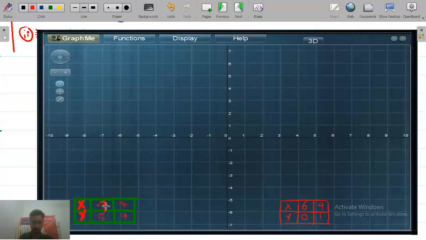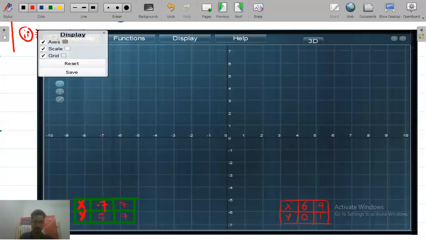So it will be -7, actually -7. So it will be here, -7. And the next point: x will be -7 and y will be 5.